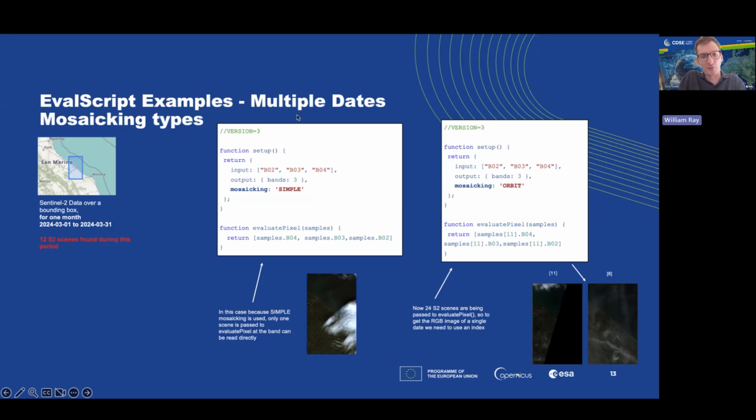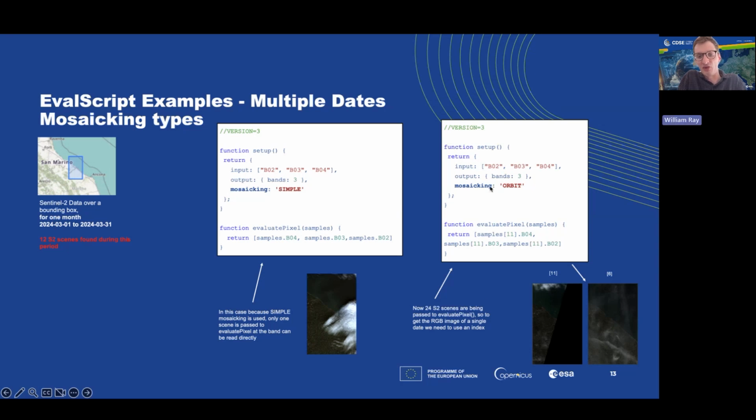If we use this eval script with simple mosaicing, only one scene is passed to the evaluatePixel function, and that's what's returned here. You can see we've got some cloud in our most recent image, but that's it. We could then change the API request to use least recent or least cloud cover, and we would probably get a different return.